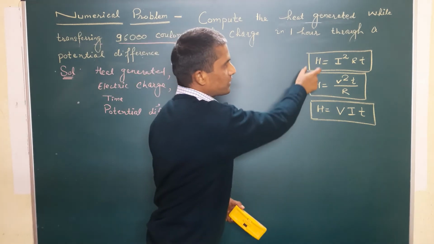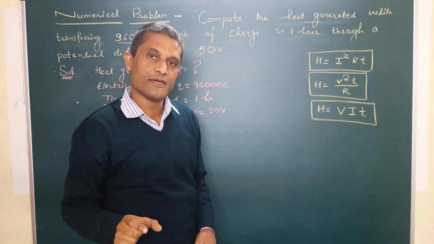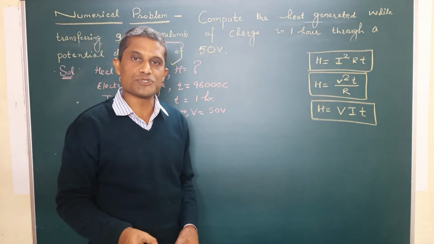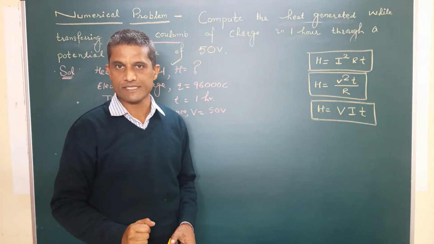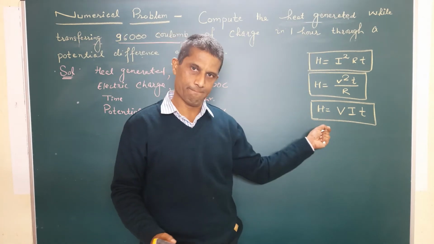So there are three different formulae for finding the heat produced in a given conductor when charge flows through it under the action of potential difference. You can use any one of them.